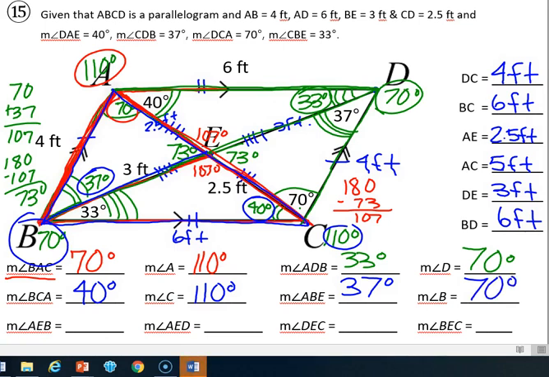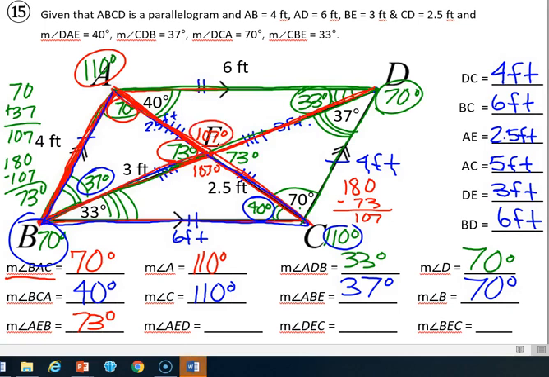Lastly, we're going to talk about some of these angles in the middle. Okay. So our angle AEB is going to be 73 degrees right there. Hopefully you guys are catching this now. AED, AE is one side, ED is the other side.